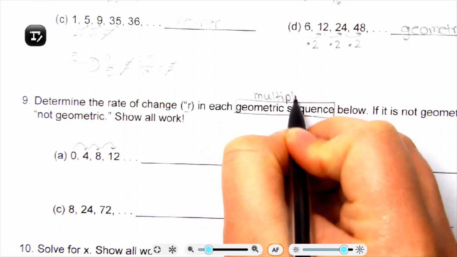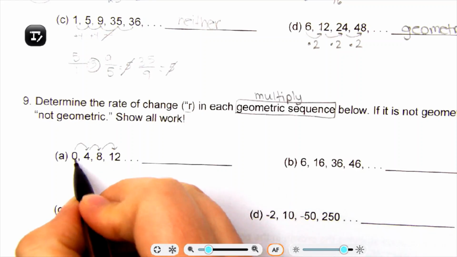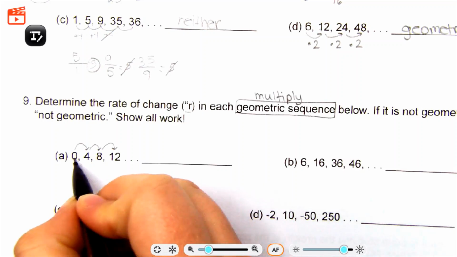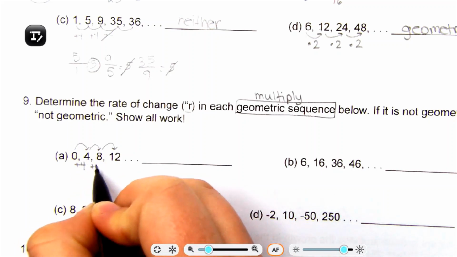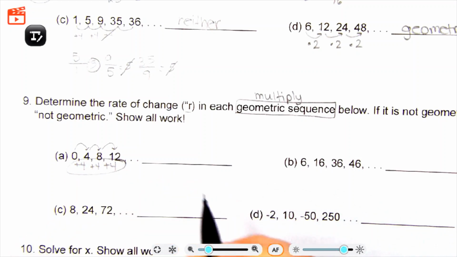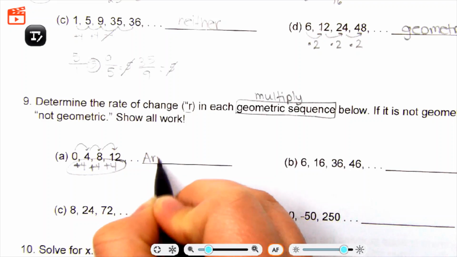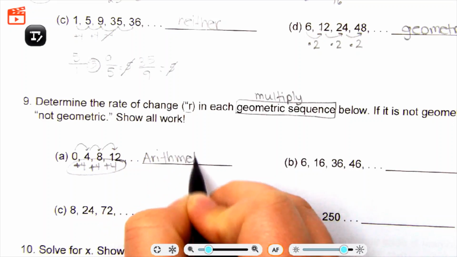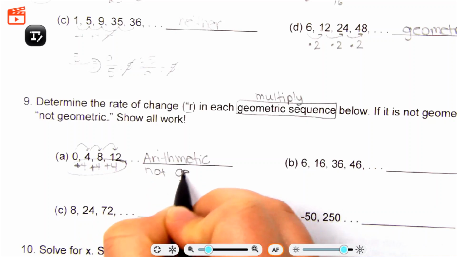If any are adding or subtracting, then it is arithmetic, and so it is not geometric. From 0 to 4, I get 0 plus 4. 4 to 8 is plus 4, and 8 to 12 is plus 4. The pattern is a plus. That means it is arithmetic, and per the directions, we have to write not geometric.